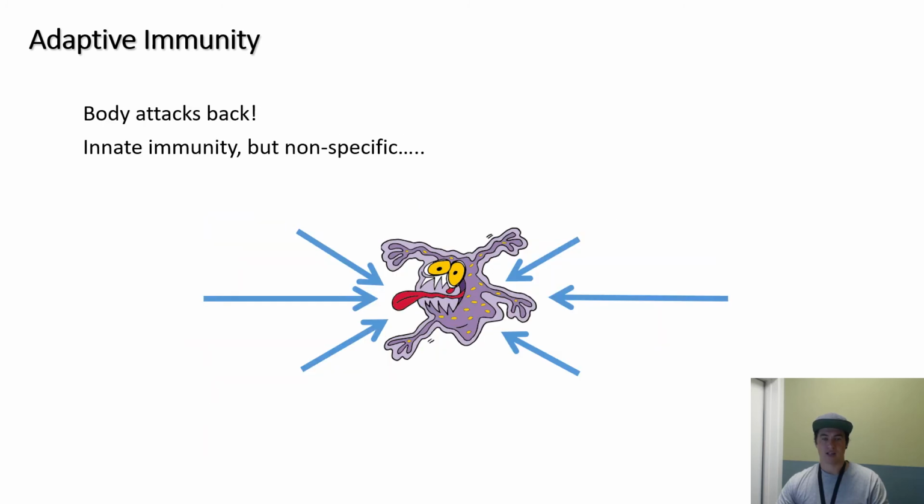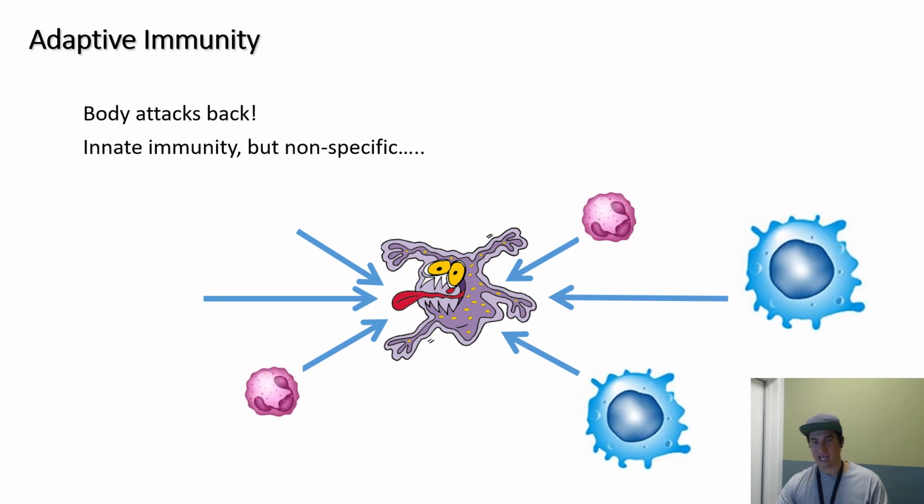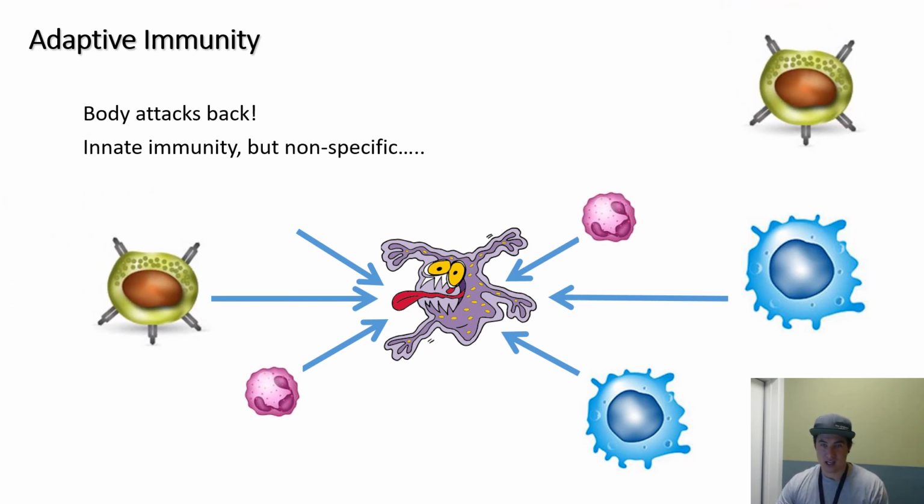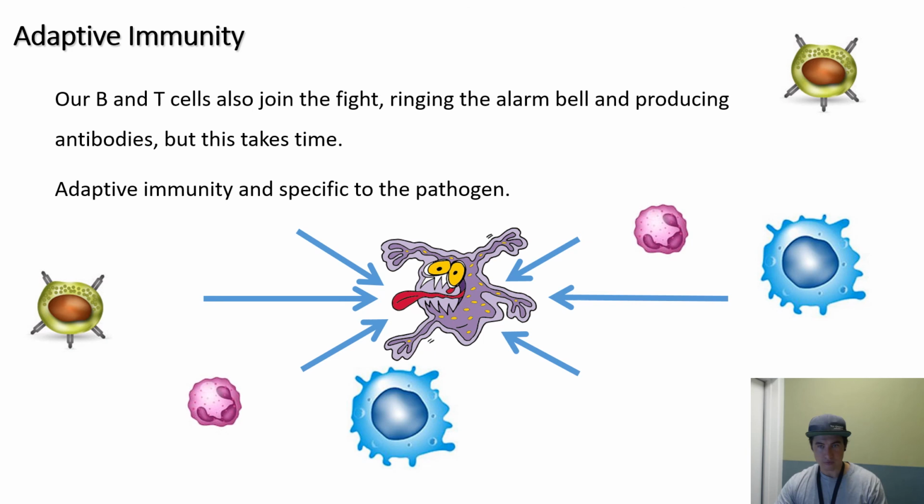Alright, so our body then starts to attack, so innate immunity, but non-specific. That's like our neutrophils, macrophages start to attack. They will start presenting the instructions for fighting this thing on their surface. That's going to coordinate our natural killer cells, so all of our second line cellular responses.